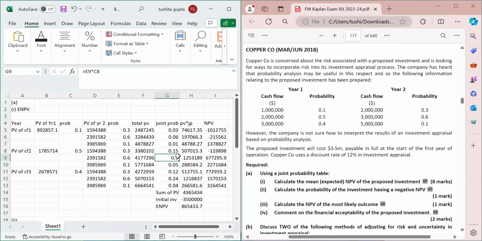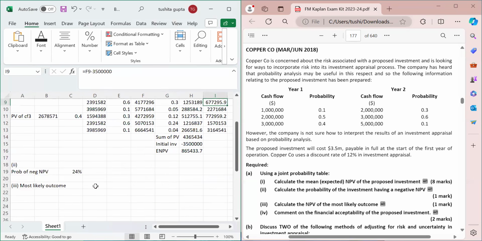So this outcome over here, 30% probability, is the most possible outcome. And in this case, the NPV is 677,295. So the most likely outcome equals this one over here, because this has the highest joint probability.